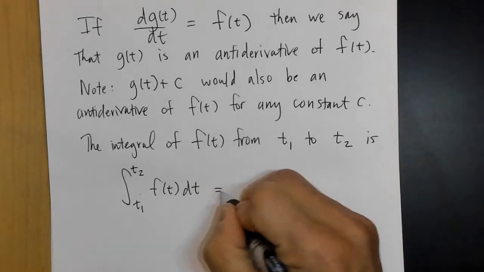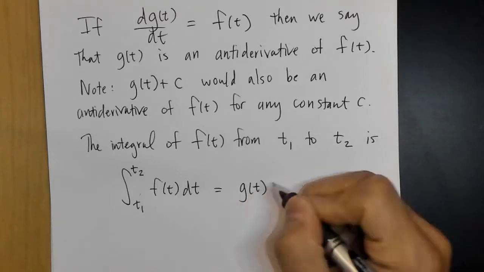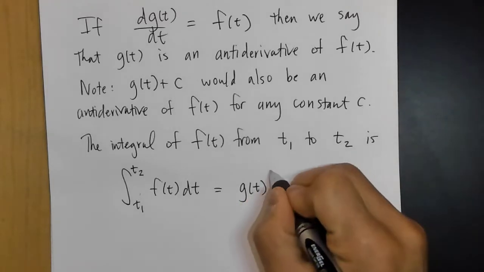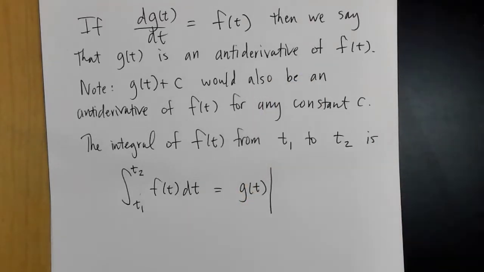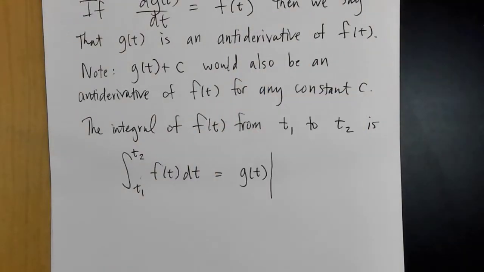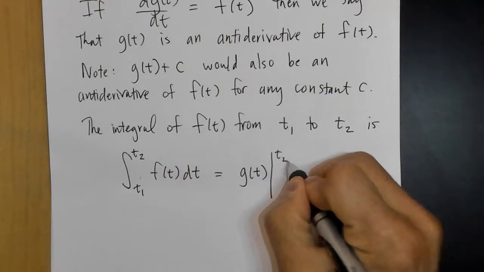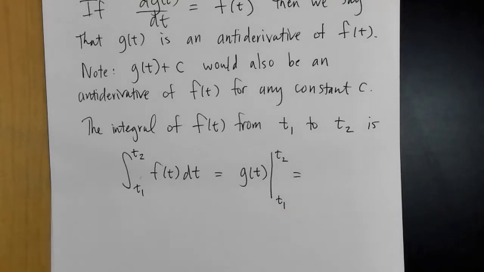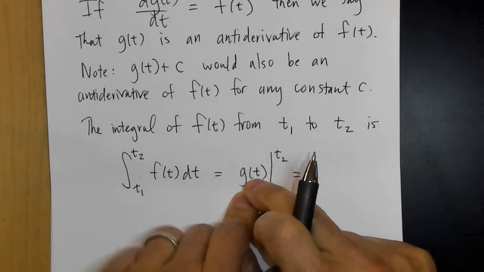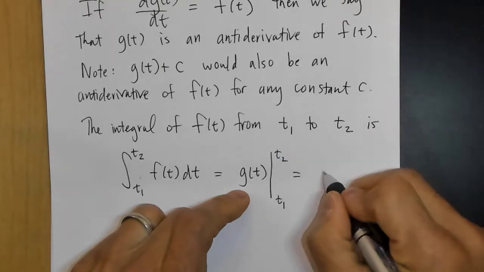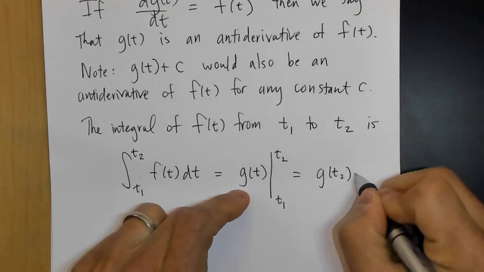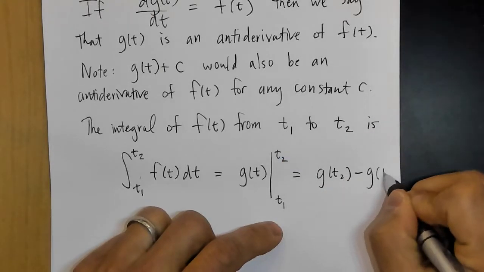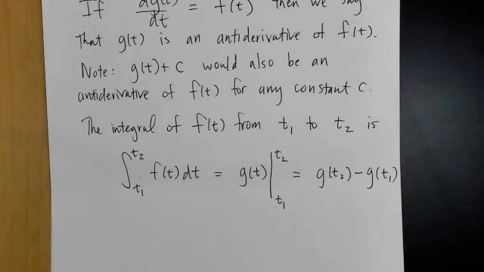And that is going to be the antiderivative function, g of t. And I'm going to use this notation. I'll just have a line on the right side, and t2 up above and t1 below. And this symbol means you evaluate the function g at the top value, t2, minus the value at the bottom, t1.